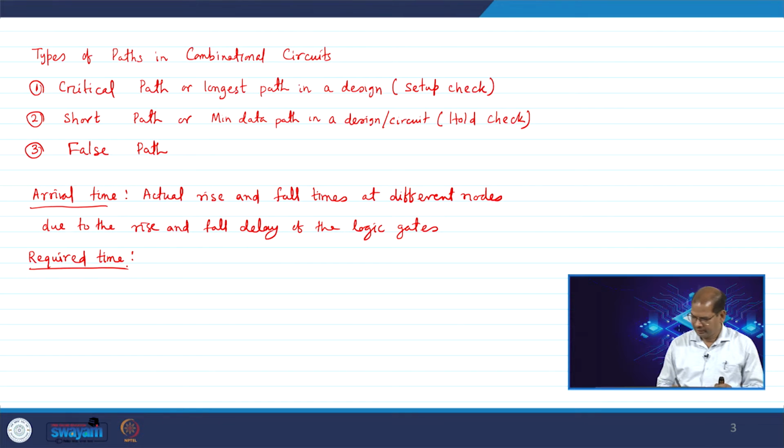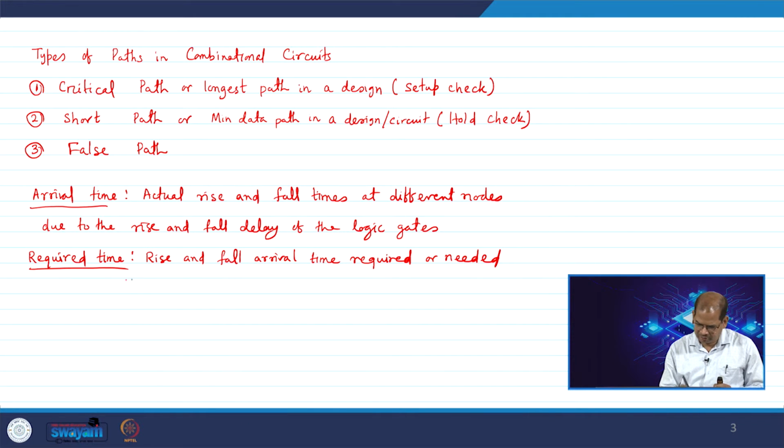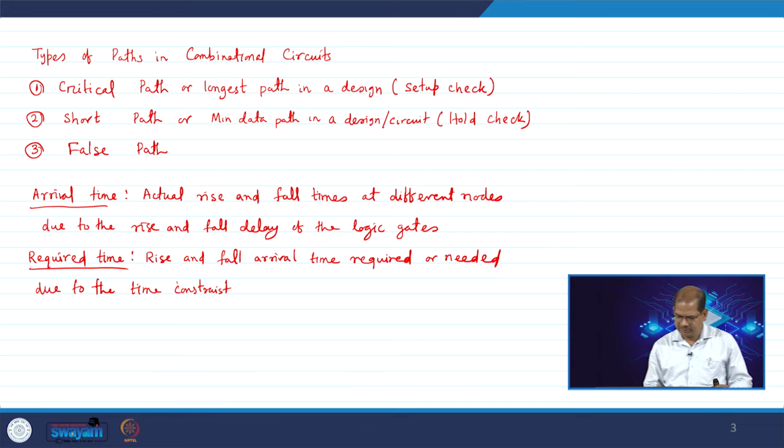What is this required time? It is the rise and fall arrival time required or needed due to the time constraint specified by the circuit design.